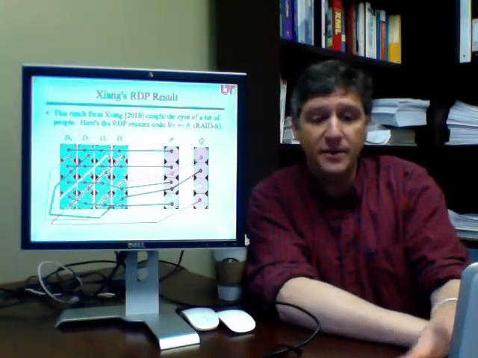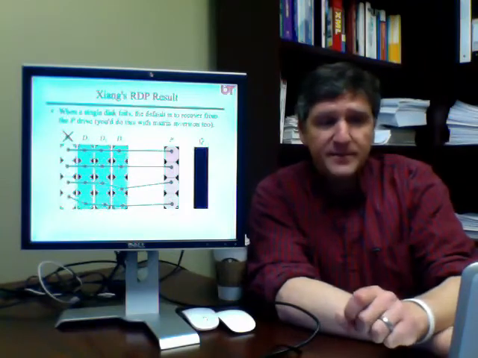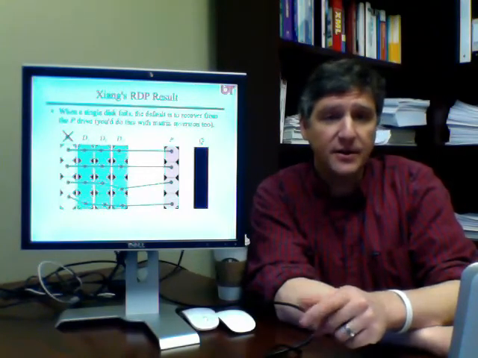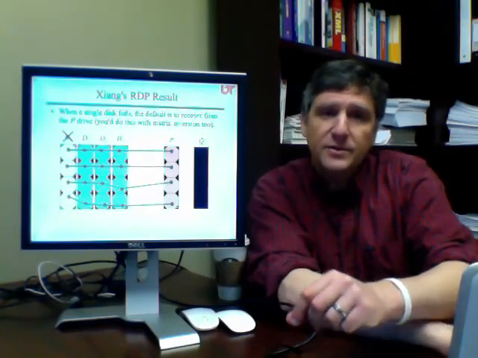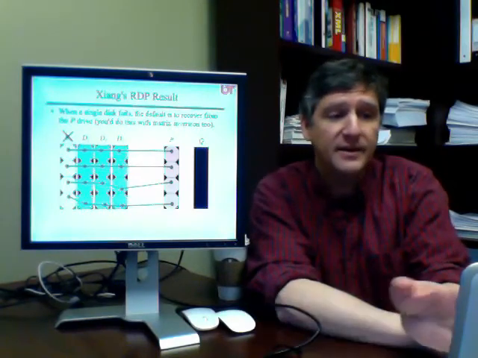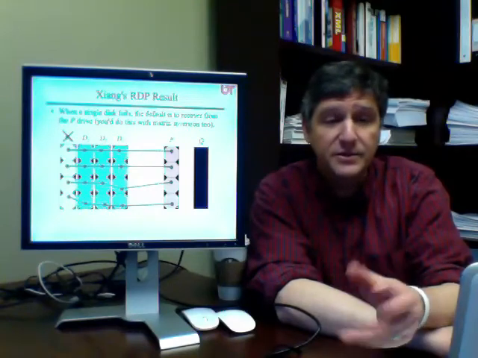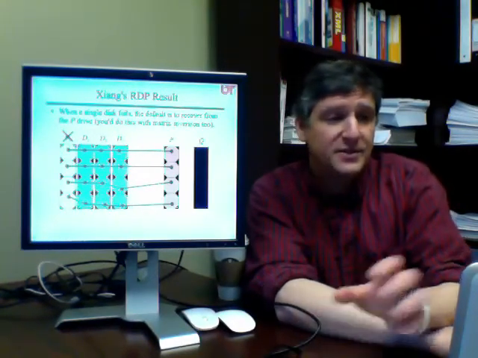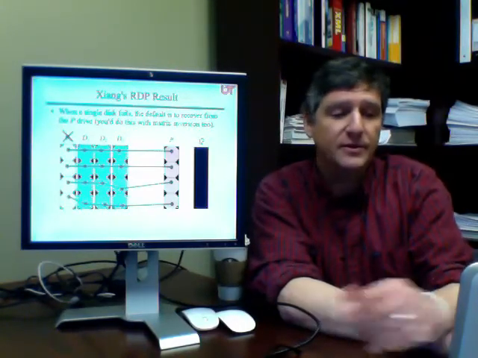RDP is a very nice code developed by NetApp. Now, what happens typically when you have one failure in this system, so let's say disk 0, the leftmost disk here, fails. Typically what you do to recover from it is you just use the P parity drive and calculate the parity of the data, and just like in RAID 5, you do a reconstruction that way. If you use matrix inversion to work on this code, you would actually come up with the exact same way to recover.